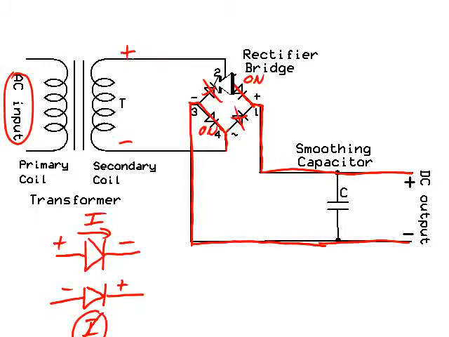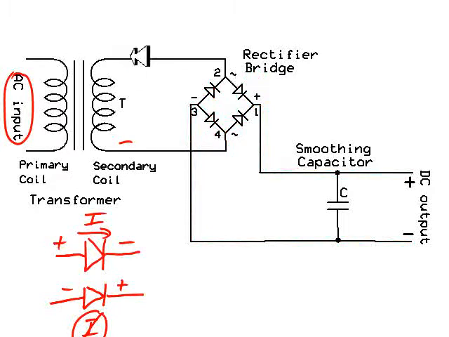Now, a fraction of a second later, the polarity of the two wires will be reversed because it's AC. This top wire is now negative. We have negative on the back end of this diode, so that one will be off. But this one will be on.